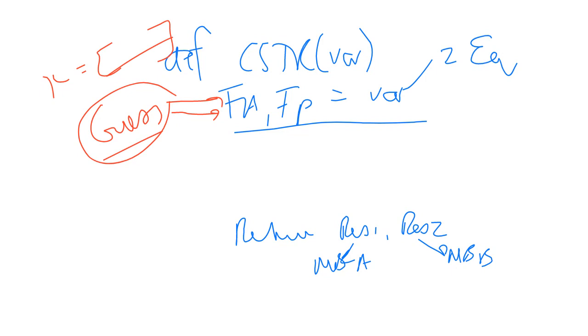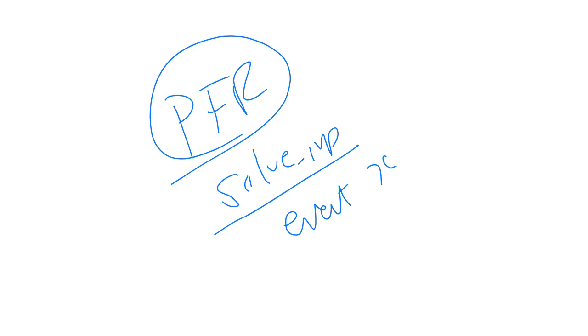And of course, next is the plug flow reactor, the PFR. Let me just clean the screen. In those first problems, the PFR is much more difficult in part B, because that's where I want you to use solve IVP with an event where your conversion is 85% to find that volume.